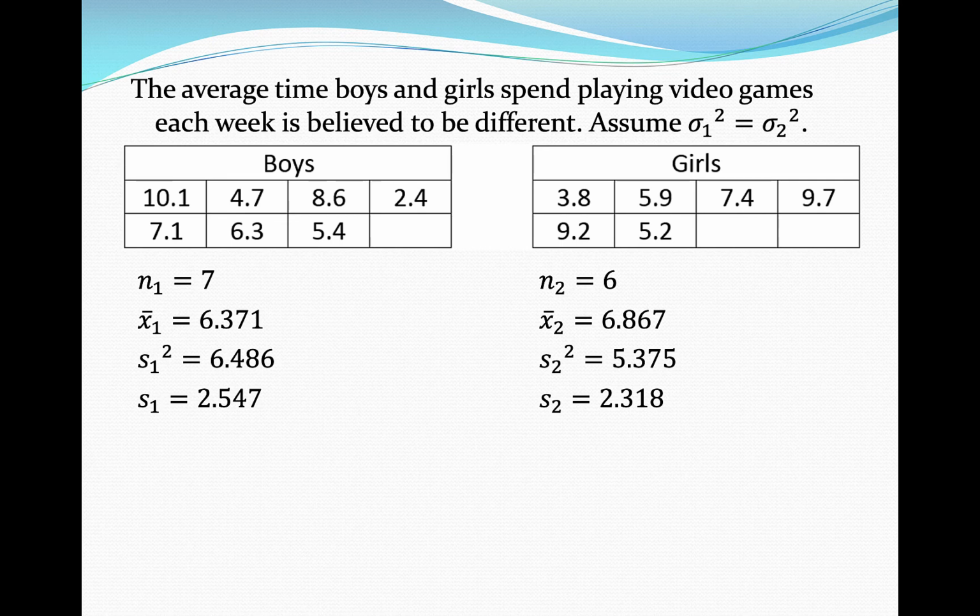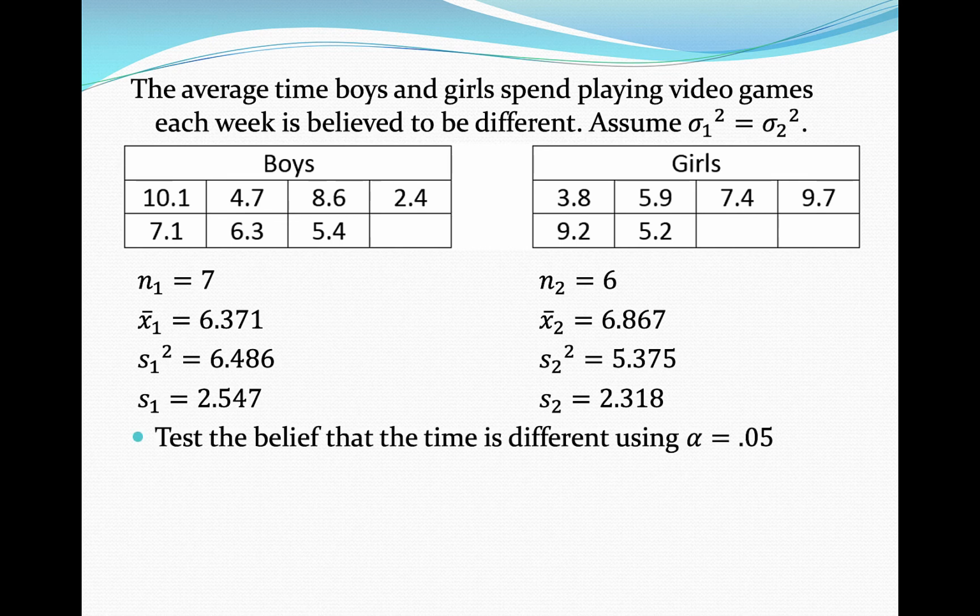Variance is 5.375, and the standard deviation is 2.318. You can also notice that boys are going to be represented by mu1. Girls are going to be represented by mu2, and you can see that based on the notation from those tables. That's why we have all the boys' stuff subscripted with a 1, and the girls' descriptives subscripted with a 2.